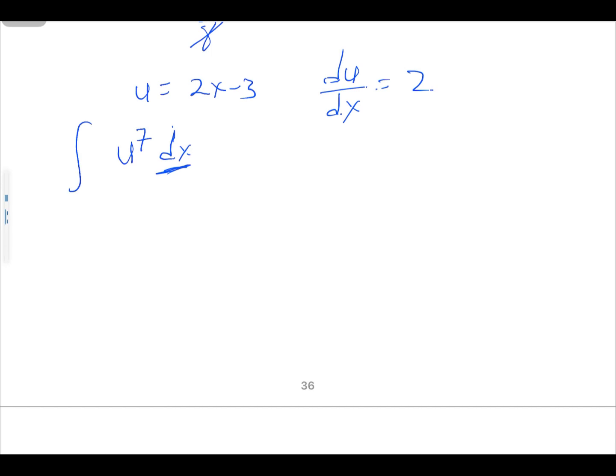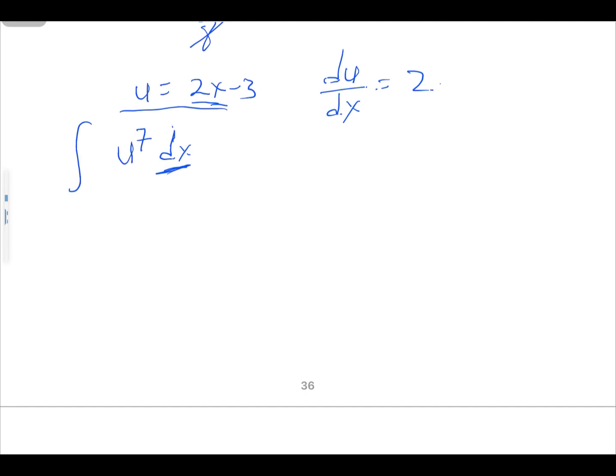Now we said that let U equal 2x minus 3. And therefore we can say that du dx, the differential of this U, is equal to 2, because we differentiated this function. So getting this, we can make the dx the subject.